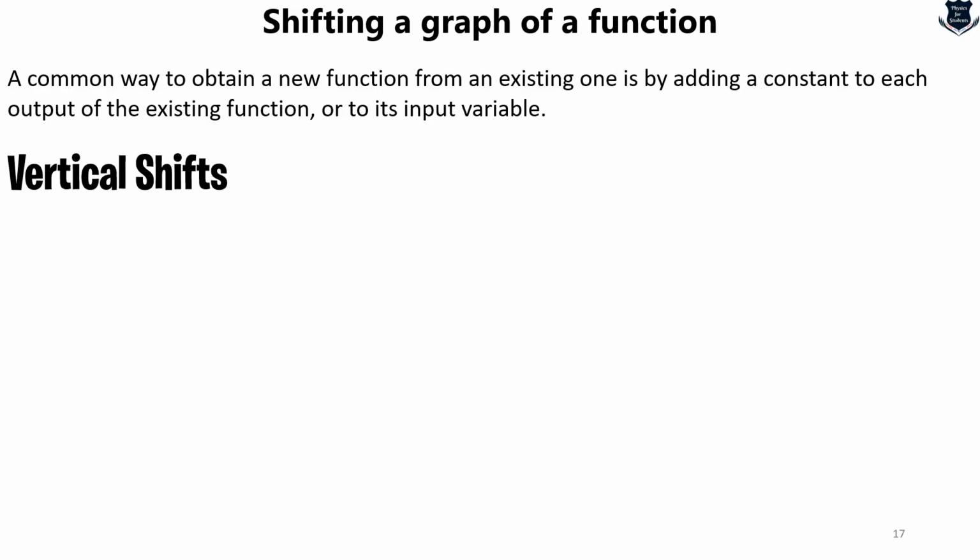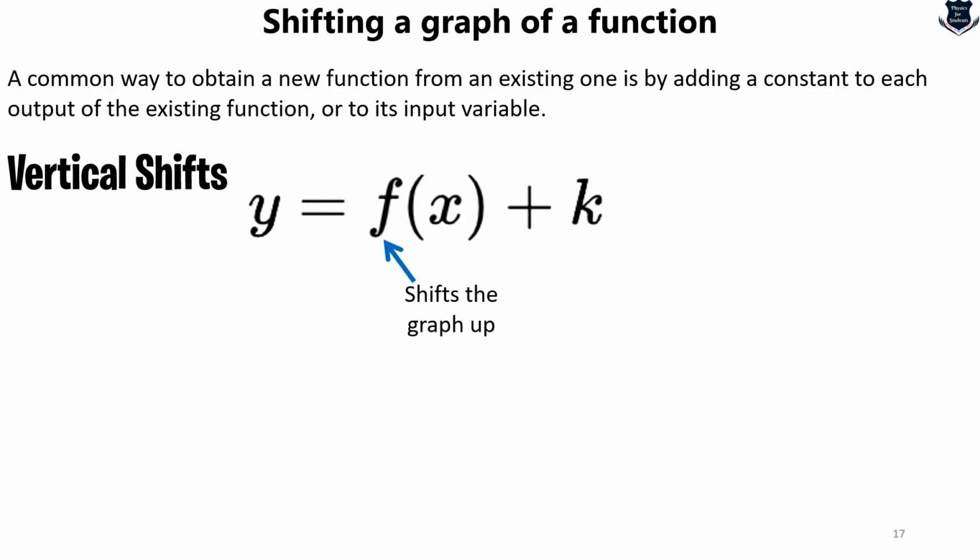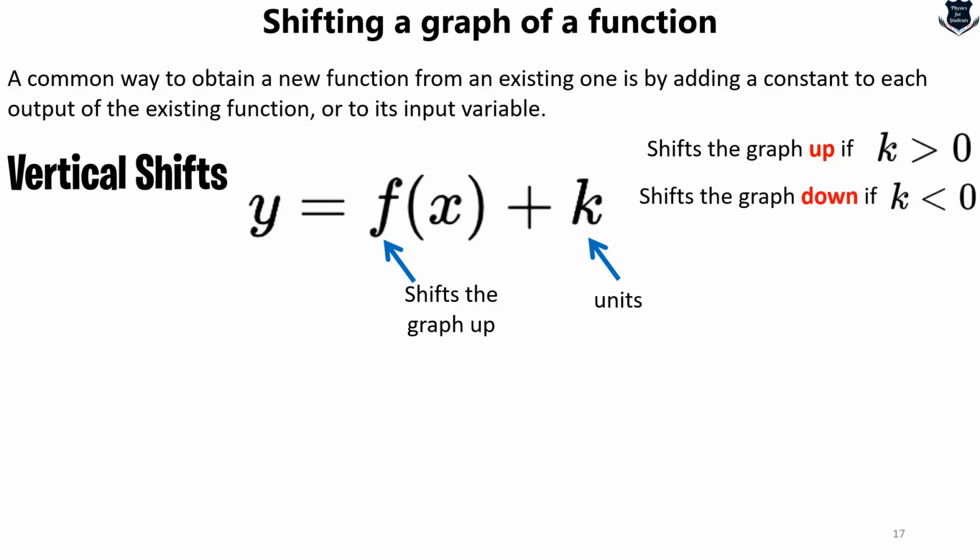For example, a vertical shift of the function y equals f of x plus k shifts the graph of f up k units if k is greater than 0, and it shifts down if k is less than 0, obviously up and down.